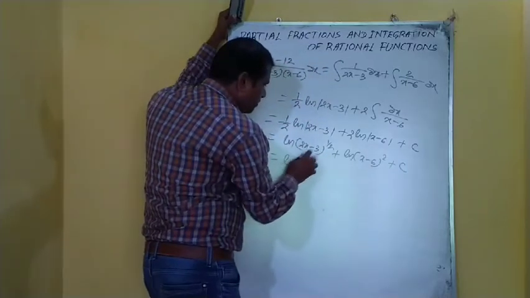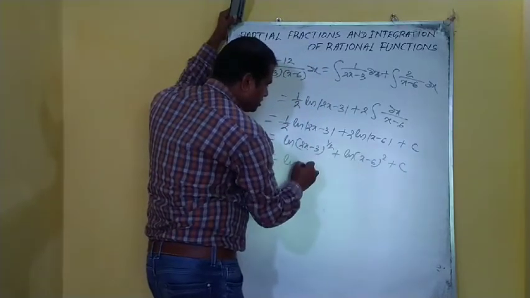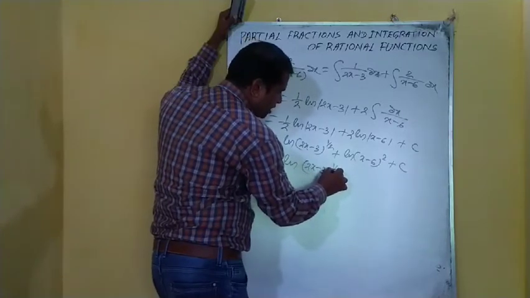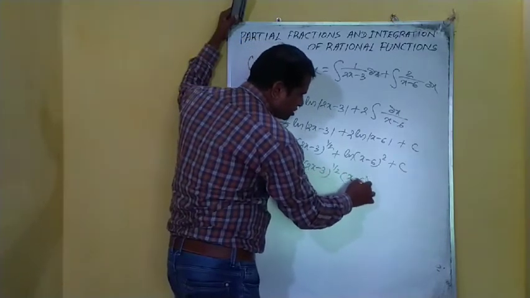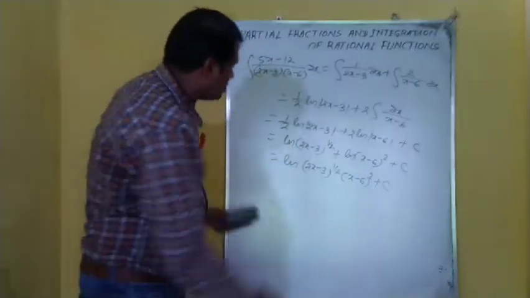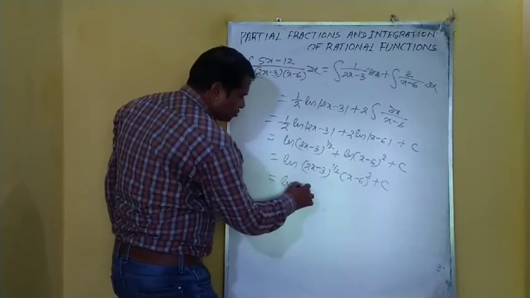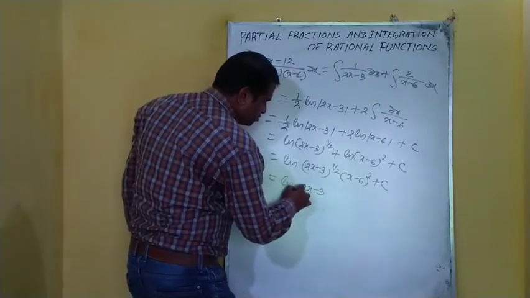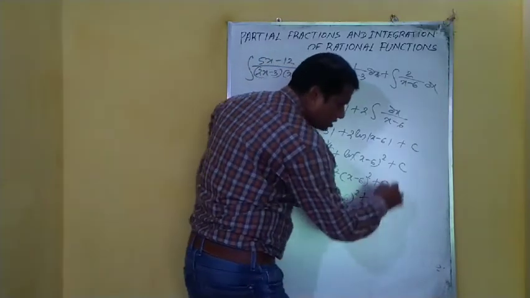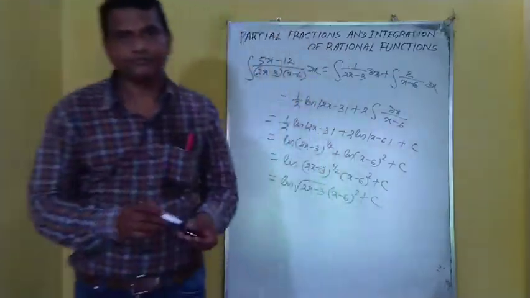Using ln m plus ln n equals ln mn, we write ln of (2x minus 3) whole to the power half whole into (x minus 6) squared plus c. That we can also write as ln of root (2x minus 3) into (x minus 6) squared plus c. Okay, thank you.